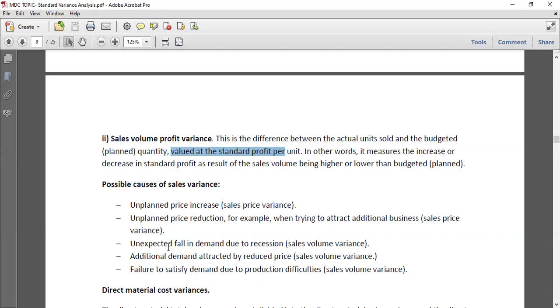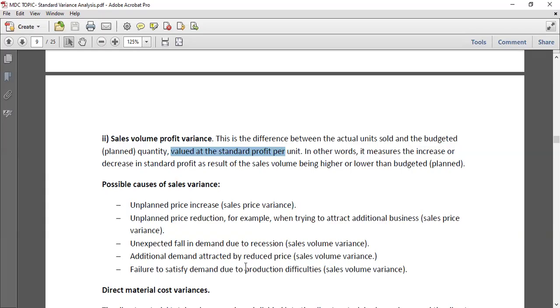We can have an unexpected fall in demand due to recession. This would definitely affect your volume variance. Remember, this affects quantity; demand moves with quantity. Additional demand attracted by reduced price would also affect your volume variance, because what is bought is more than what you had planned.